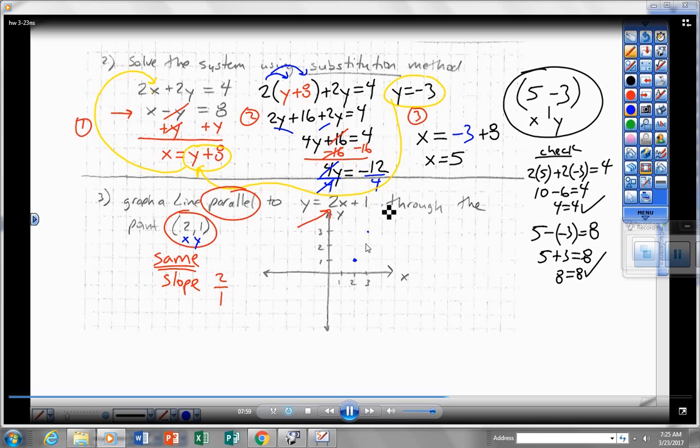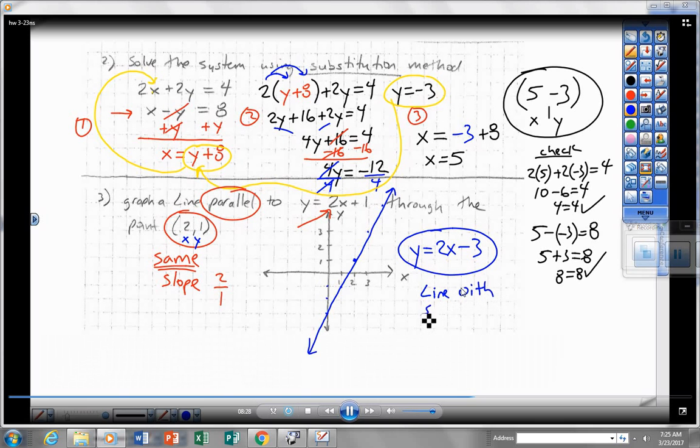Stair step both directions. Draw my line, see where it crosses the y-axis. I'm going to have you write the equation of this new parallel line. That equation is y equals 2x, same slope, but a different y-intercept, minus 3. So that new line is y equals 2x minus 3. It has the same slope with a different y-intercept.